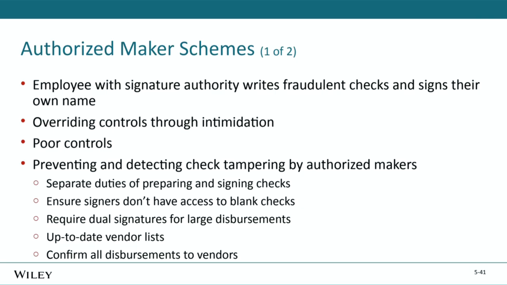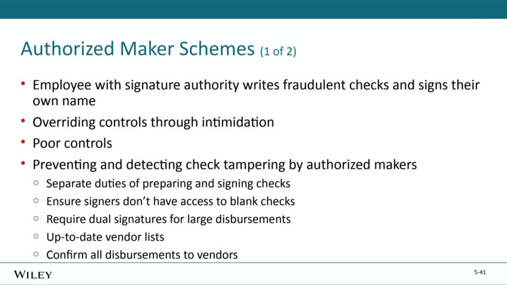Okay, so that is really the essence of the authorized maker scheme, or in most cases. Again, the second bullet point overrides all the controls through intimidation. Again, they have poor controls. And how do you stop it?